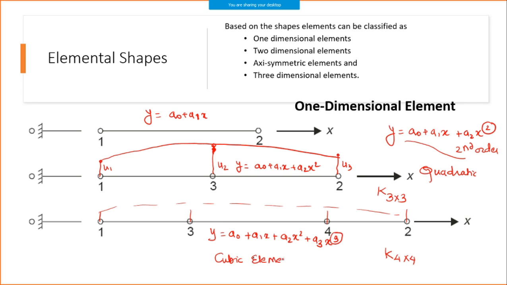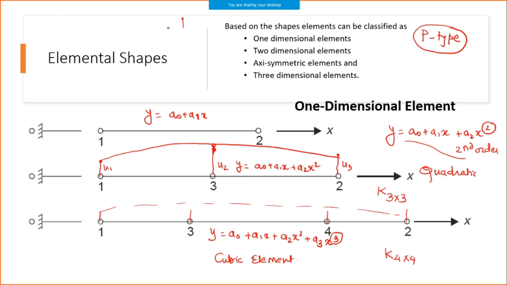In a similar fashion, I can go on increasing the nodes between the two nodes and go on increasing the order of the polynomial. This type of analysis is called p-type, or polynomial type analysis. If you want a more and more accurate solution for any kind of problem, there are two ways.